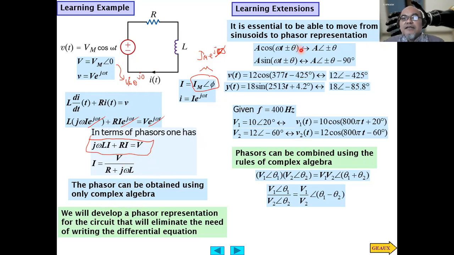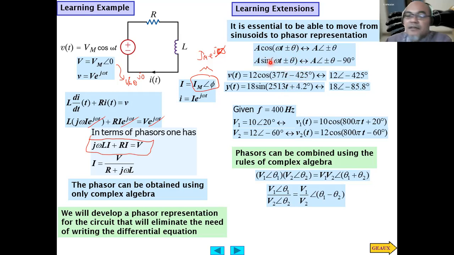It is essential that you know how to move from sinusoids to phasor representation. For example, if we have A cosine omega t plus theta, then this is represented by the phasor A with angle plus or minus theta, depending on the sign. If it were a sine omega t plus or minus theta, be careful, because from the definition, a phasor is representing a cosine function.